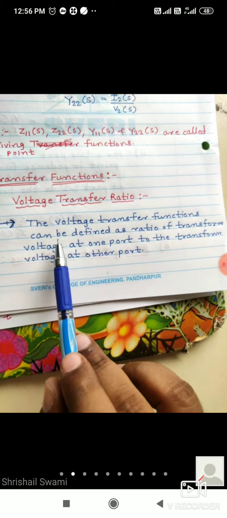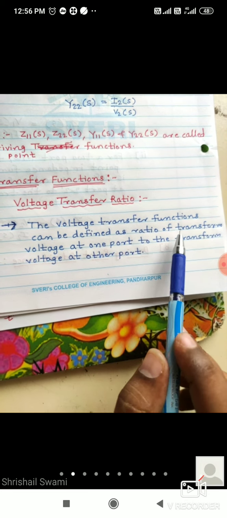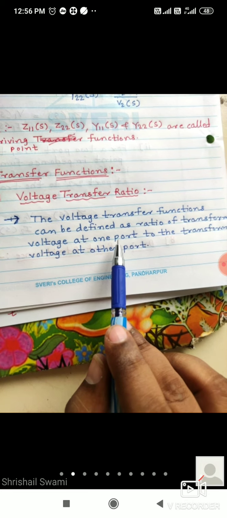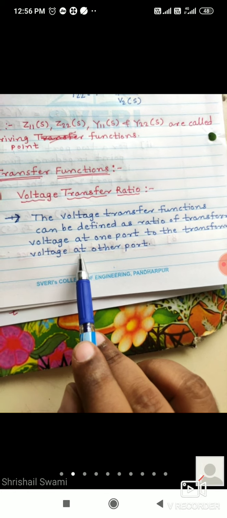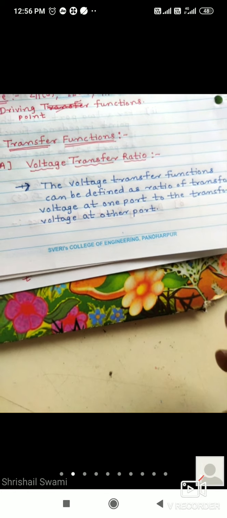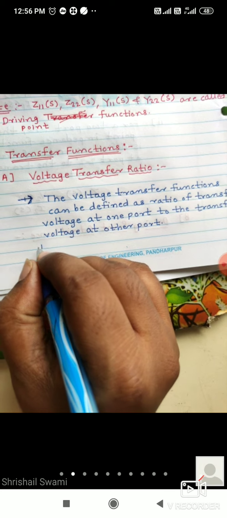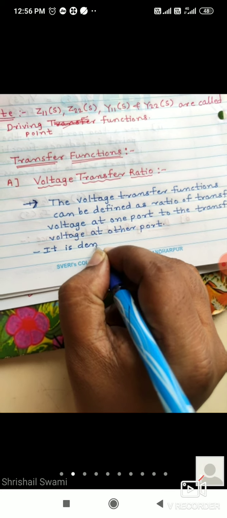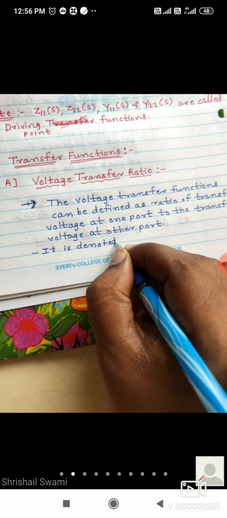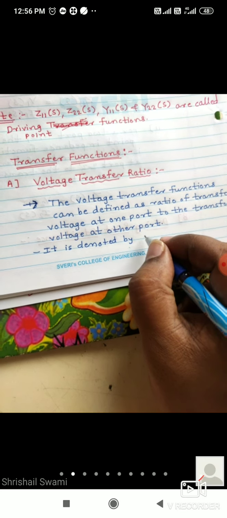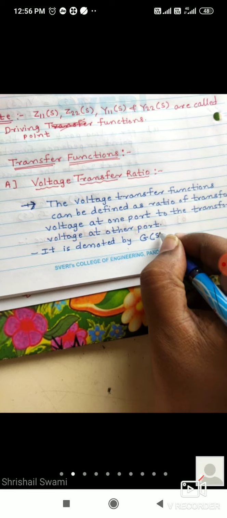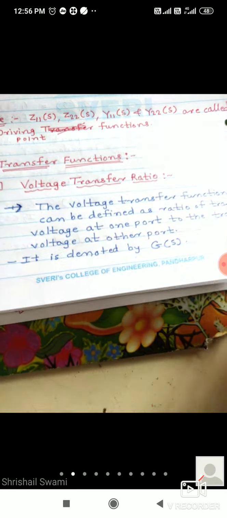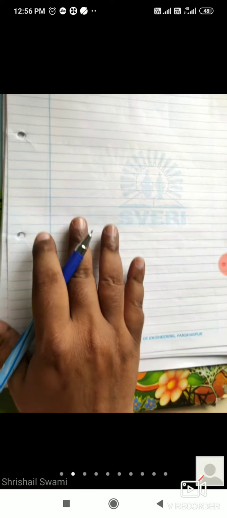The voltage transfer function can be defined as the ratio of transfer voltage at one port to the transfer voltage at other port. Okay, so it is denoted by capital G of S. So how we can define now?